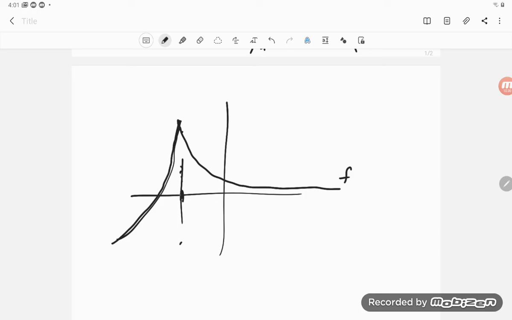So no derivative there. On this side, what I see is I have positive slopes that are getting steeper and steeper. So positive is above the x-axis, but steeper and steeper. And it looks like they don't go to infinity.